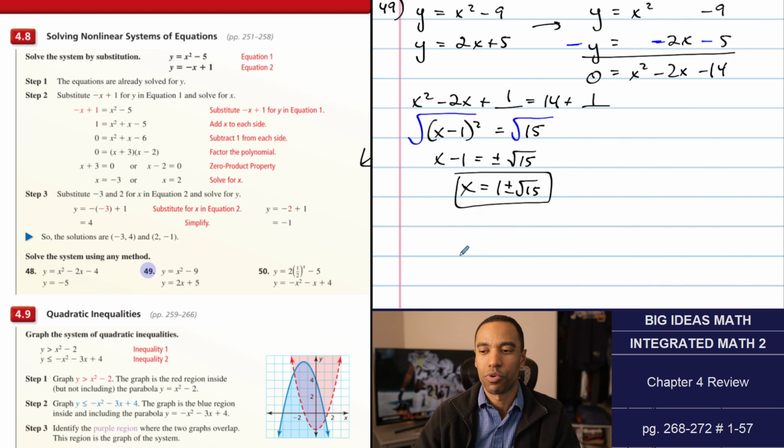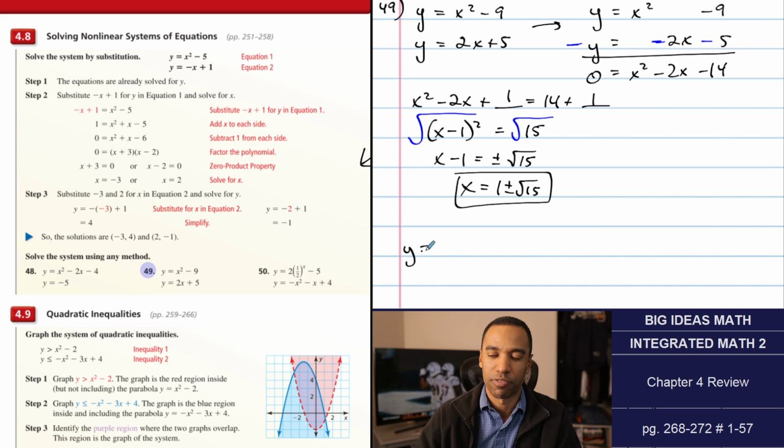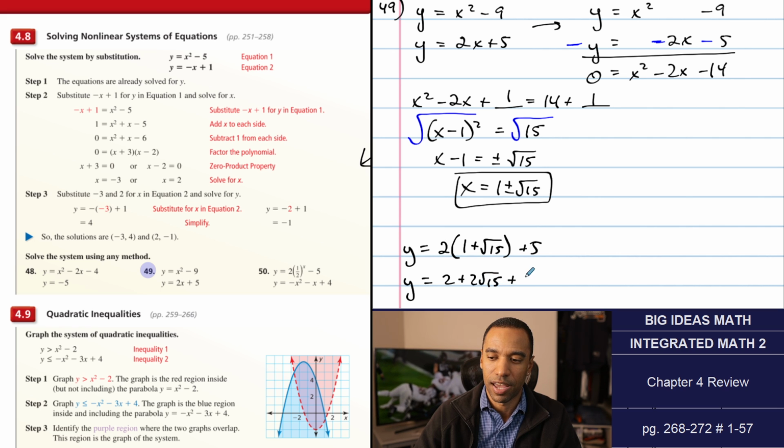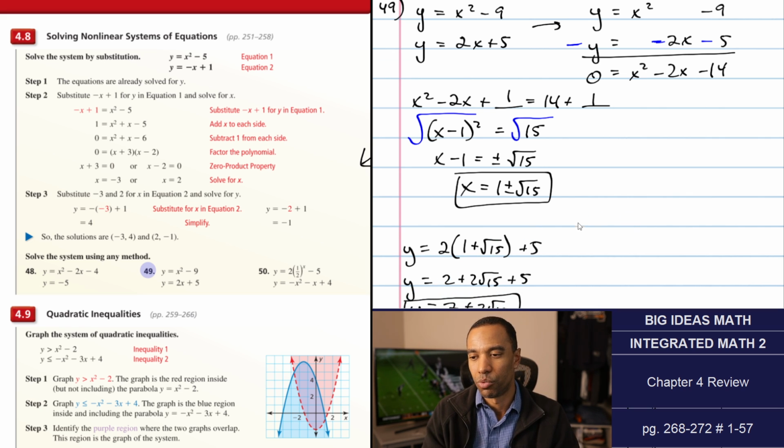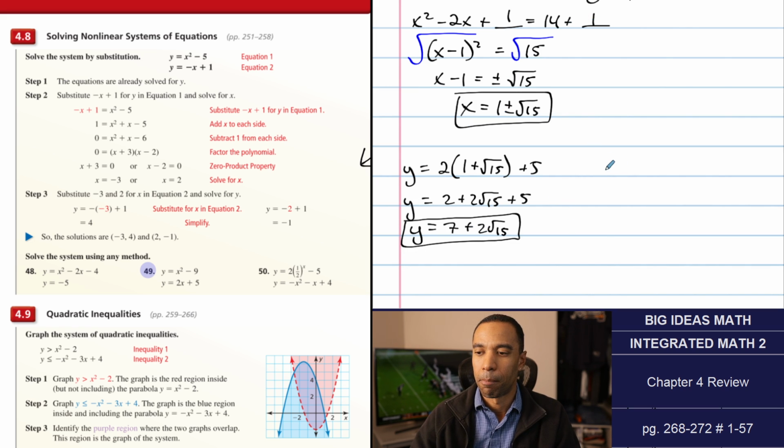There's 1 plus root 15 and 1 minus root 15. So when you do 2 times 1 plus root 15 and then plus 5, you get 2 plus 2 root 15 plus 5, or 7 plus 2 root 15. There's one set when you plug in 1 plus root 15. When you plug in 1 minus root 15, you get 2 times 1 minus root 15 plus 5.